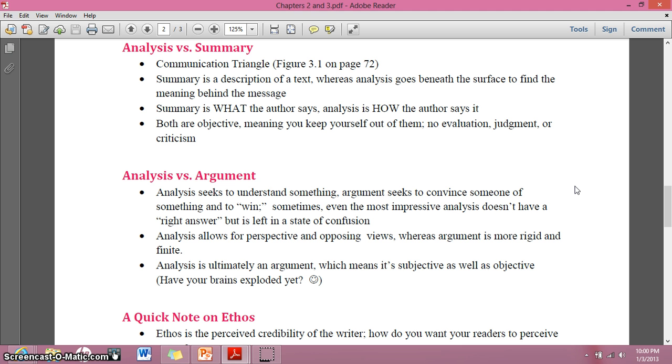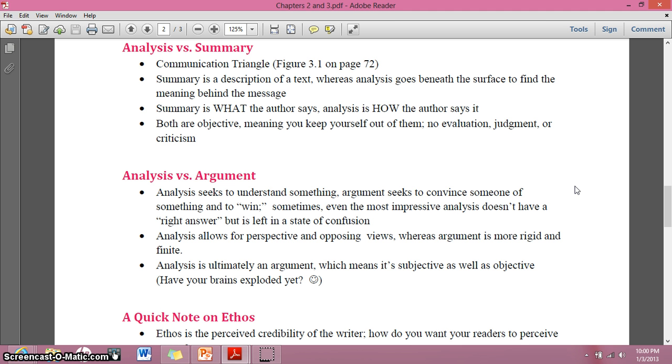And if you look at the bottom right, you see that there is reader-centered communication. That's argument. That's when you're trying to convince your audience of something, you're trying to win them over. You're not going to be doing that either. You will be focused on the left-hand side, the subject-centered, and that's where summary is, and that's where analysis is.